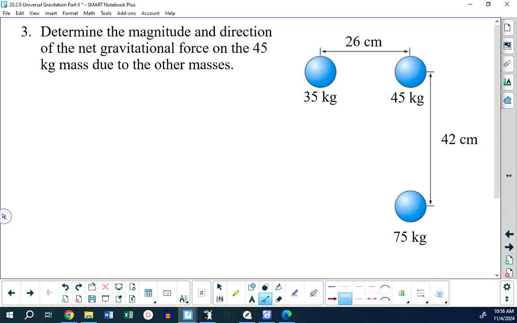You start by drawing a free body diagram showing the forces acting on the mass that we're asked about. What is the net force acting on this mass? Are your numbers all the same? Let's just start there. Okay. Well, we will have a force pulling this to the left.